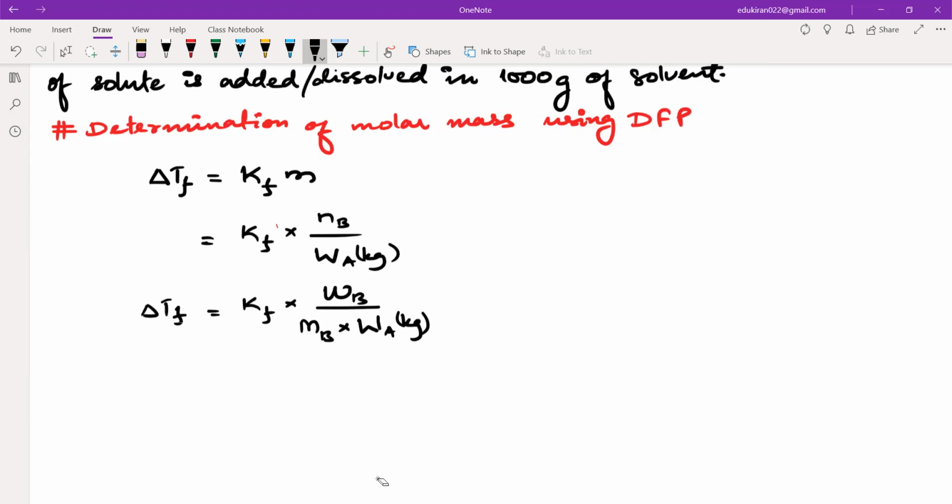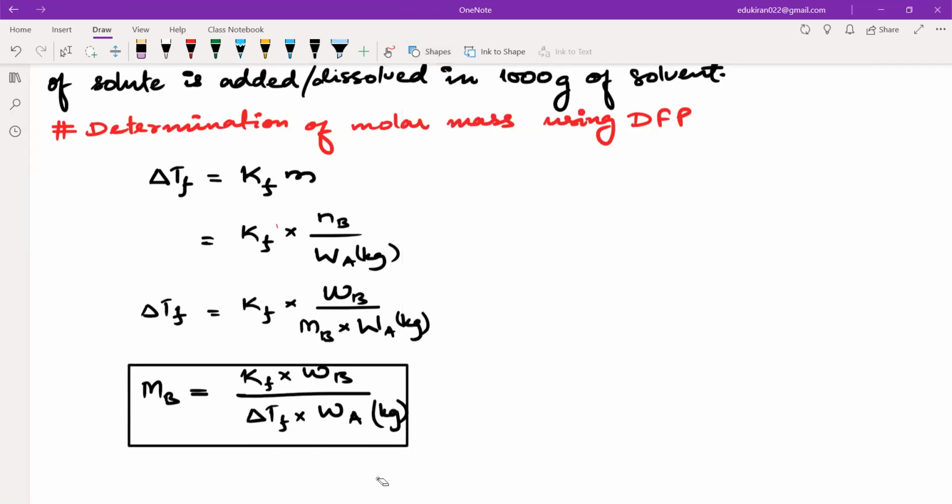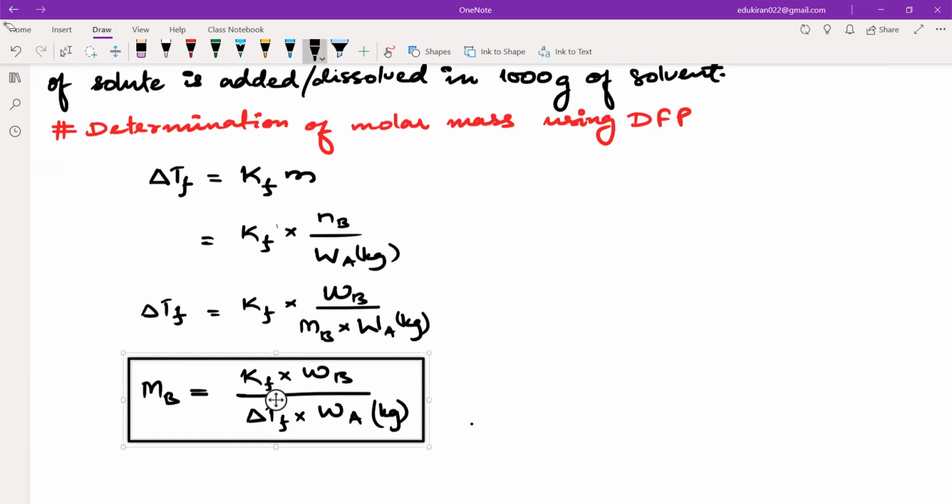Now this MB will go to this side. Molar mass will be equal to Kf into Wb divided by delta Tf into Wa, where Wa is in kg. This is the molar mass of the solute. Please write this down.